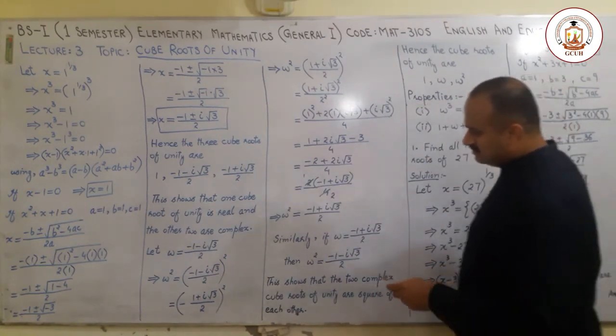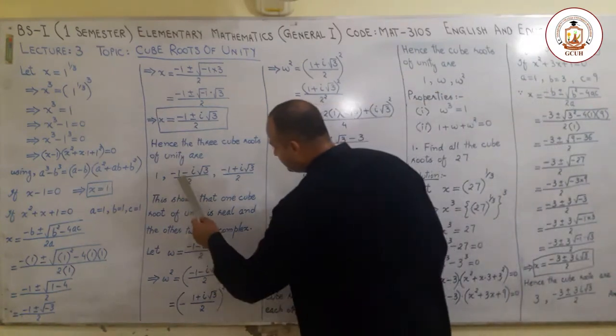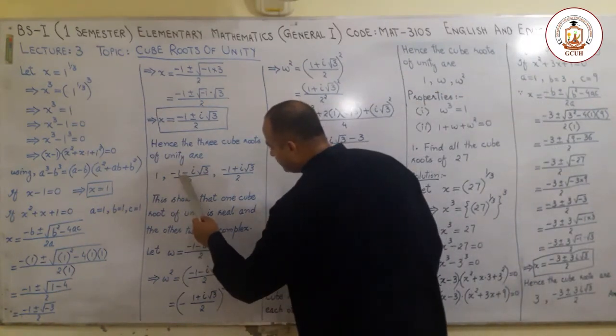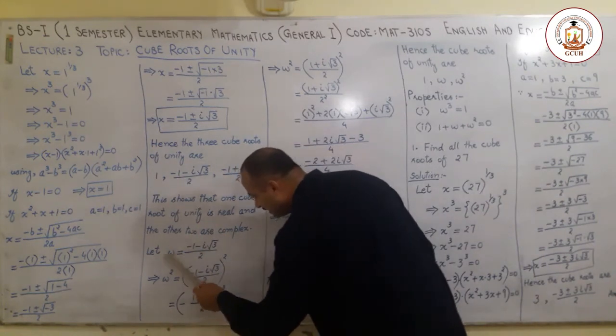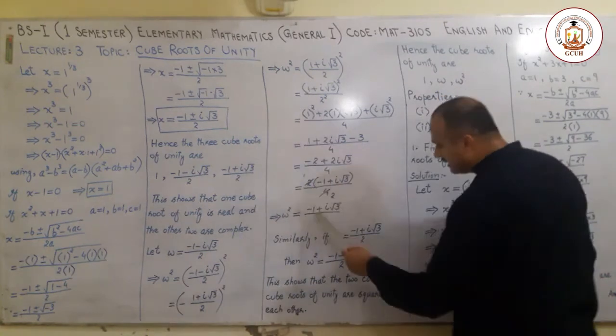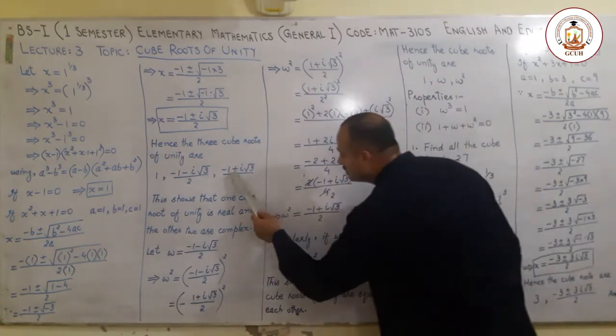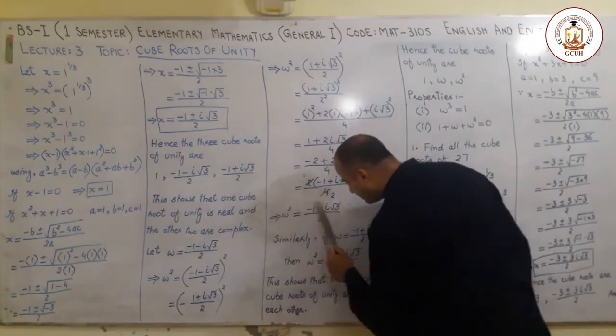So you note that when we suppose minus cube root of unity equal to omega and square it, then we get the positive complex cube root of unity here.